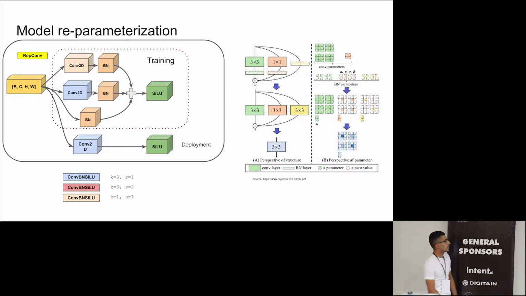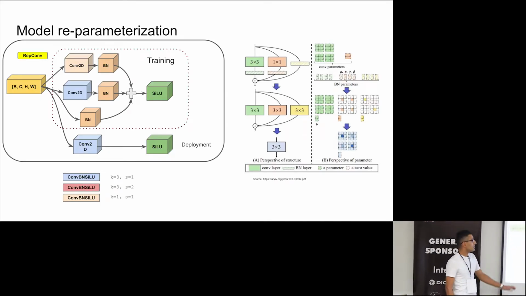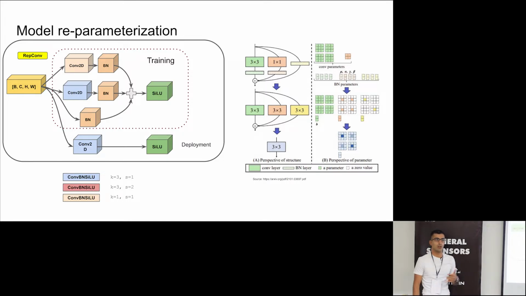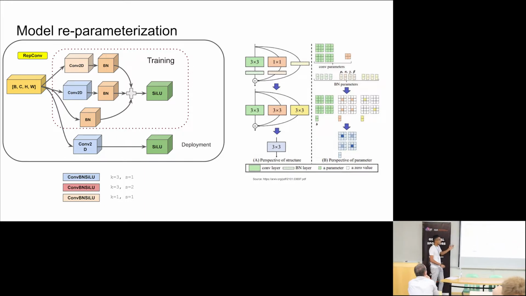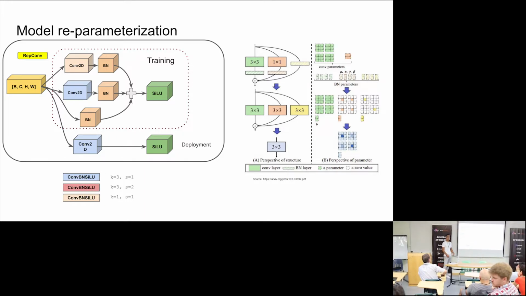Okay, model re-parameterization. This computational block, called rep-conv, was introduced in the rep-VGG paper. This is not something that the authors of YOLOV7 came up with. They're using it, but they modified it. They did some ablation study and came up with a conclusion, which I will say shortly. But the basic idea is that during the training process there are 3 branches.